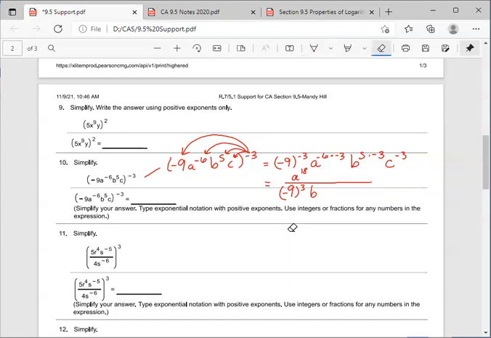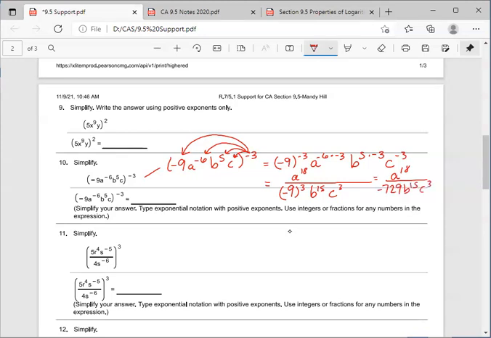And C's already done. It's c to the negative 3, so it moves to the bottom. So the only thing I have left to do is figure out what negative 9 to the third is, and it is negative 729, b to the 15th, c to the third.